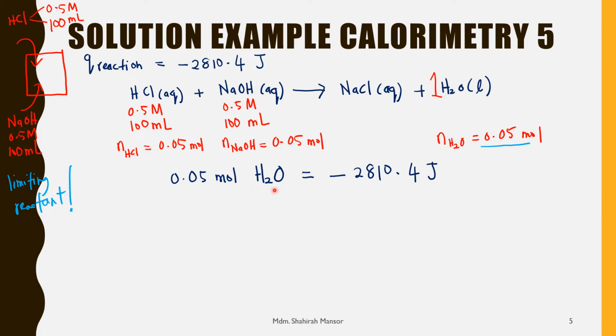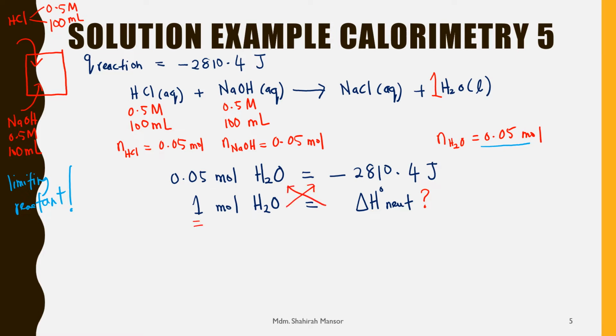So kita boleh kadarkan dengan melakukan sebegini. Alright. So bila kita nak cari enthalpy of neutralization, delta H naught neutralization bermaksud kita nak cari nilai enthalpy untuk 1 mol water yang terbentuk. So bermaksud kita nak cari yang ni lah, delta H untuk neutralization. Untuk siapa? Untuk 1 mol.